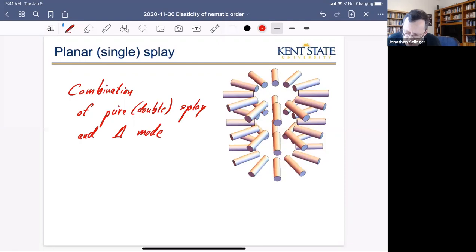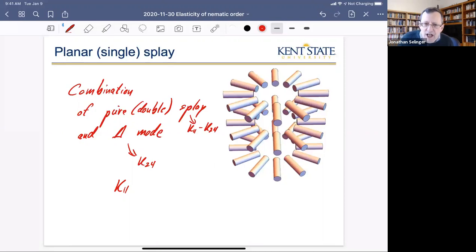So the pure double splay has an elastic constant of K11 minus K24. The delta mode has an elastic constant of K24. When you combine them, you get an elastic constant of just K11. And so this reduces to the story that all the other professors will tell you about single splay with an elastic constant of K11.